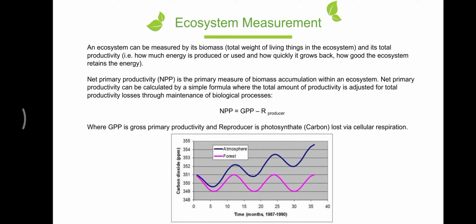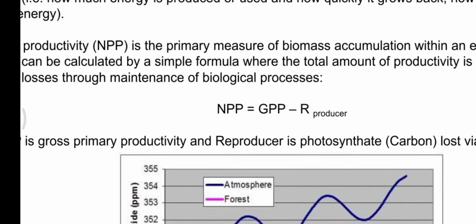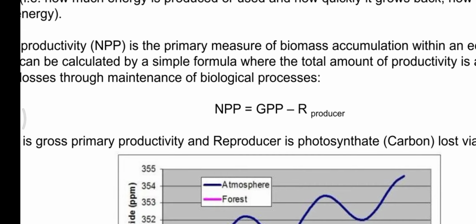Amounts of productivity are also dependent on the overall capacity of plants to capture sunlight, which is directly correlated with plant leaf area and nitrogen content. Now here you can see an equation: NPP equals GPP minus R producer.